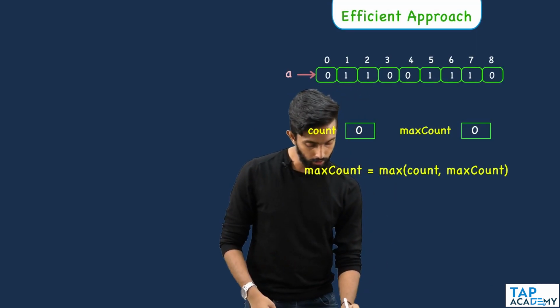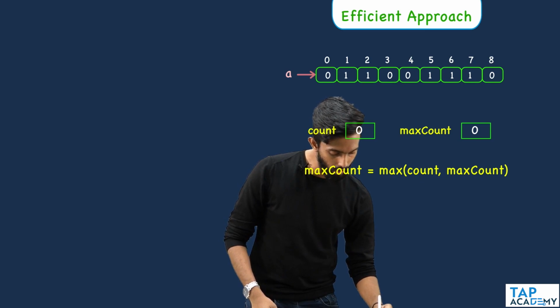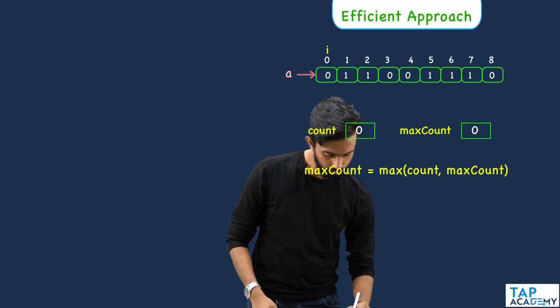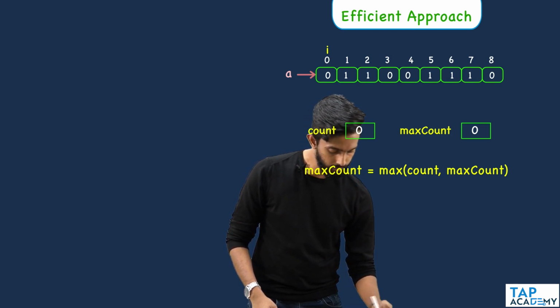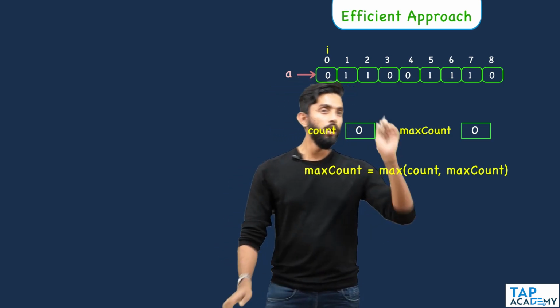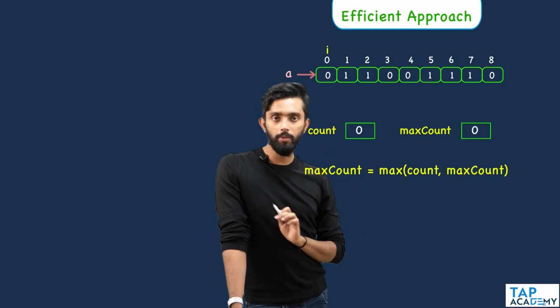Listen and listen carefully. What I will do is like this. I am now going to start I. So, this efficient approach. Watch this. I is going to start from the first element only.